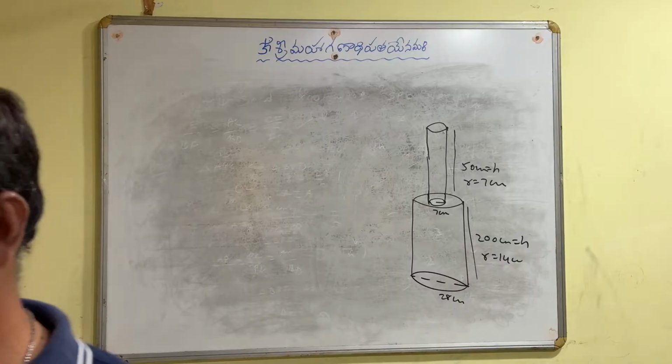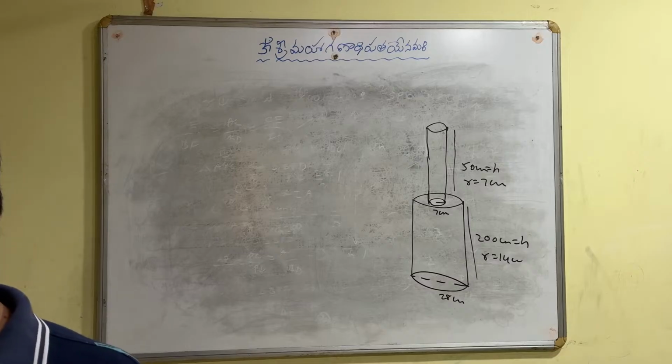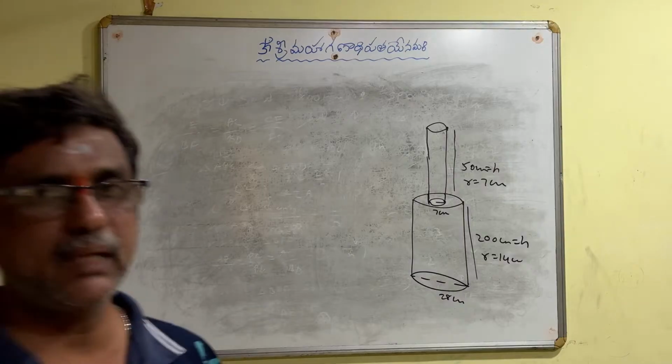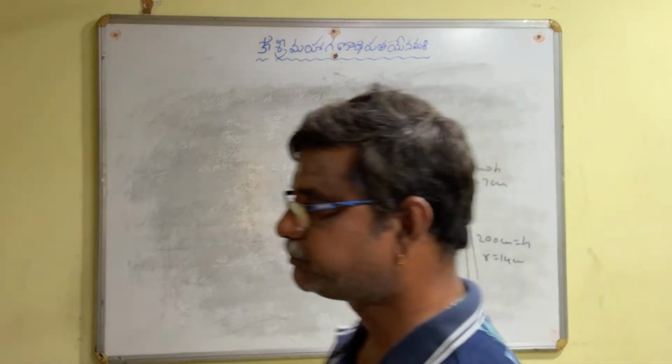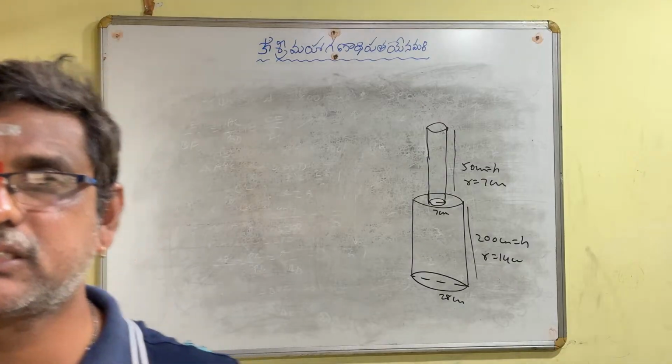So what do we have to find out? What is the weight, the mass? Mass and weight, both are the same or not? You have to tell me. What is the difference between mass and weight? According to mathematics, both are the same. But what can you say about physics?